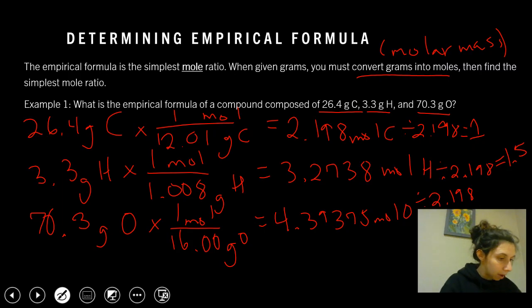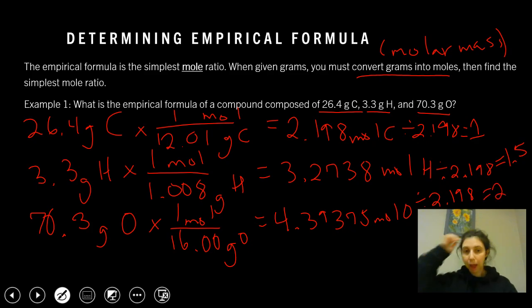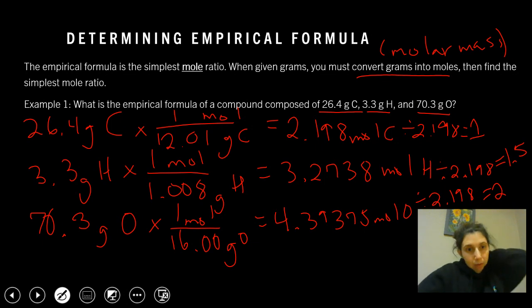And 4.39, etc., divided by 2.198 gives me like 1.99, so about 2 moles of oxygen. So now I have 1 mole of carbon for every 1.5 moles of hydrogen for every 2 moles of oxygen.